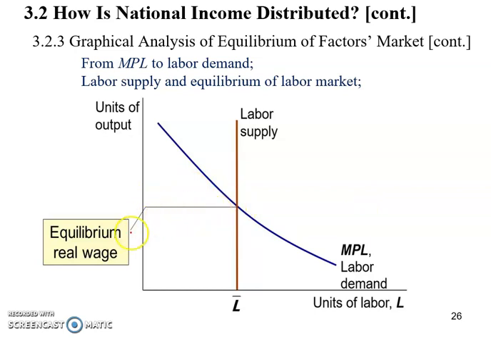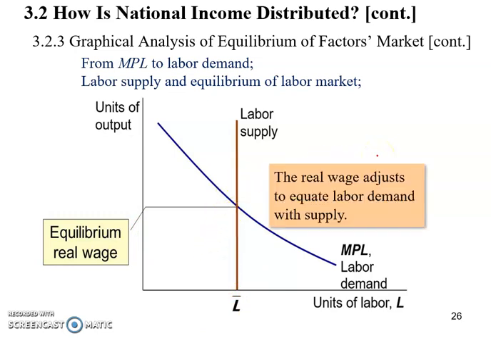That gives us the equilibrium real wage, and the quantity of labor, again, that's given, right? That's fixed. So here we find that the real wage adjusts to equate labor demand with supply. All right. So this is the market equilibrium for labor.